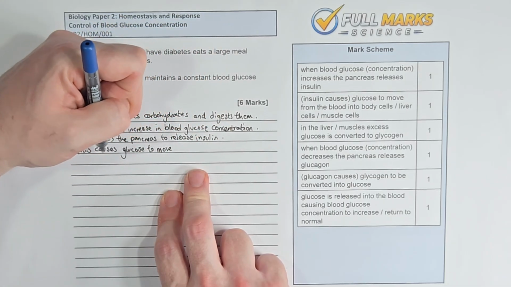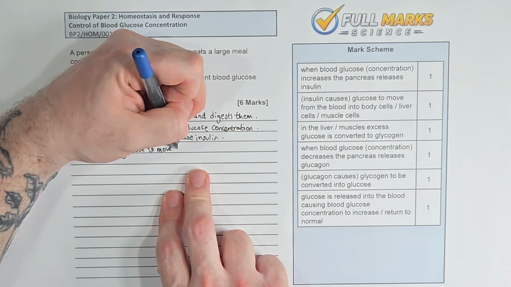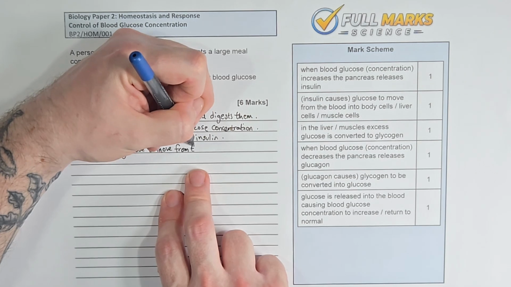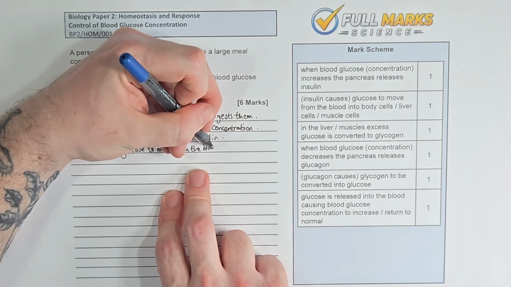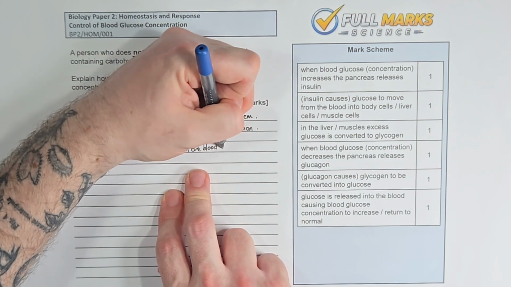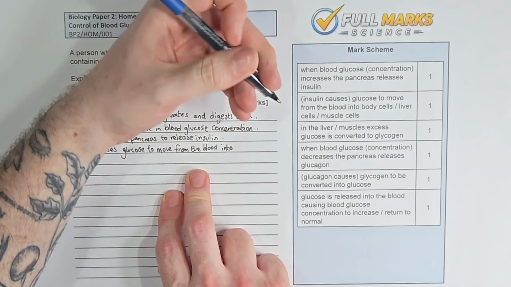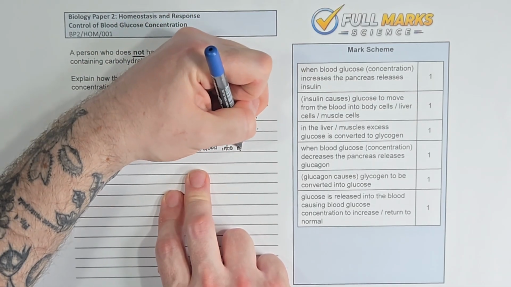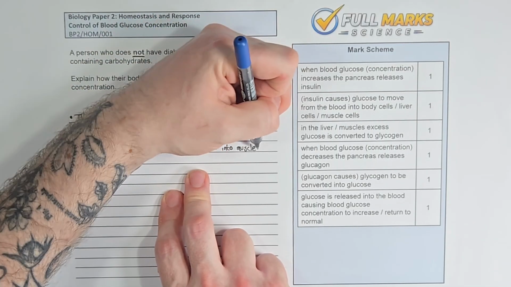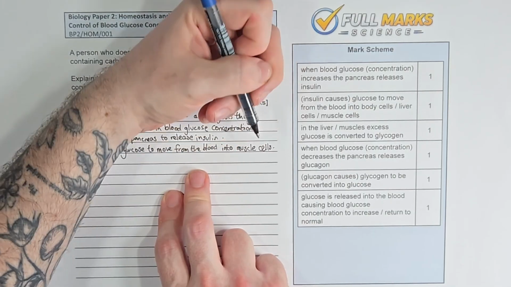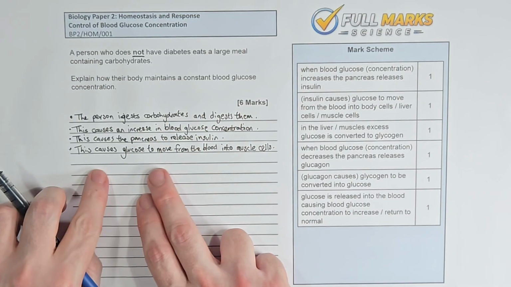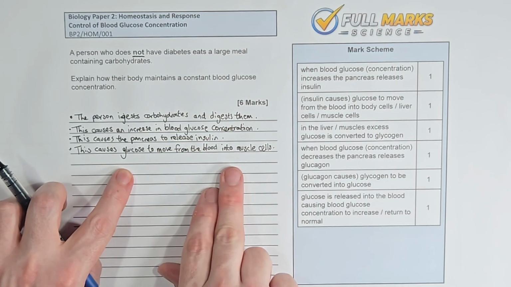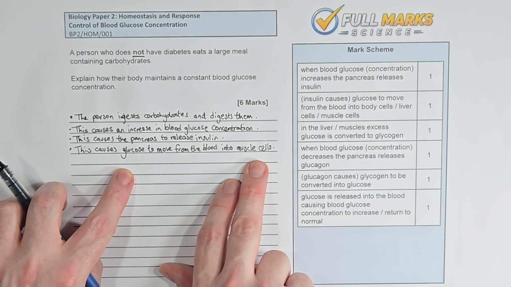So this causes glucose to move from the blood into muscle cells. That's the first place that my brain goes, because that's effectively what's happening. So the glucose moves from the blood into the muscle cells.